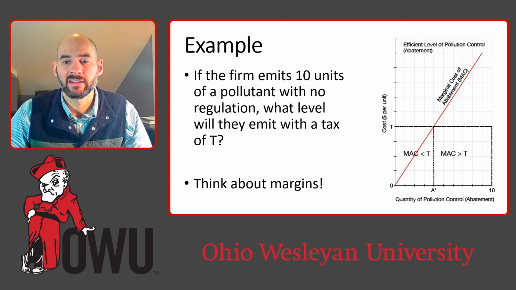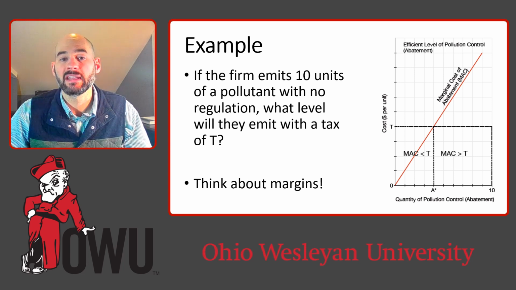So once again, thinking of the horizontal axis here as measuring pollution abatement from left to right. So this point 0 here actually means that there's full pollution. 10 is going to be full abatement.